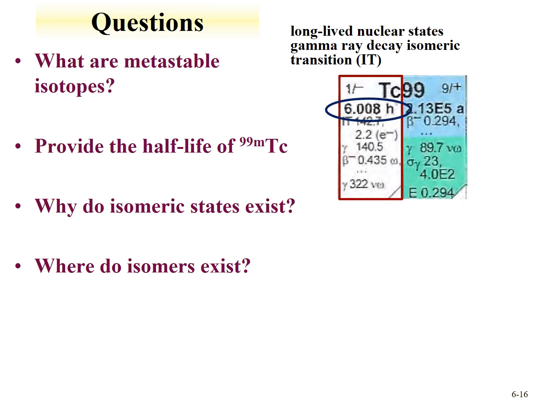So all of our data for the metastable state is listed here. The spin is 1/2 minus. And if we were asking what's the half-life, well, the half-life is 6.008 hours. And again, this is something that you should be able to answer questions about based upon the chart of the nuclides and provide data for metastable isotopes.